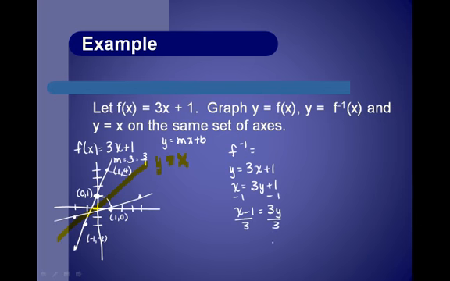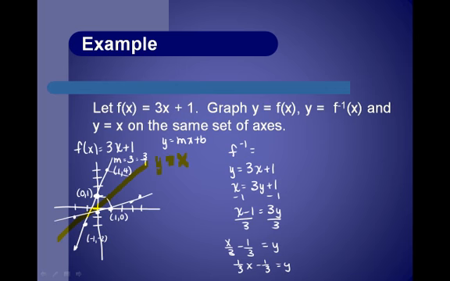Divide by 3, and we get x over 3 minus 1 over 3, which means it has a y-intercept of negative 1/3. That's like saying 1/3 x minus 1/3 equals y, so the slope is rise 1, run 3. From negative 1/3 we are going to rise 1, run 3, and we're back over here.